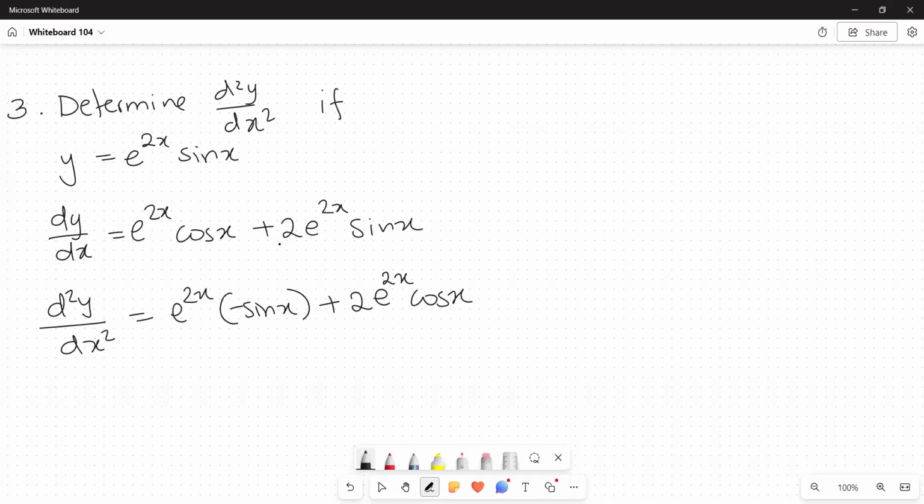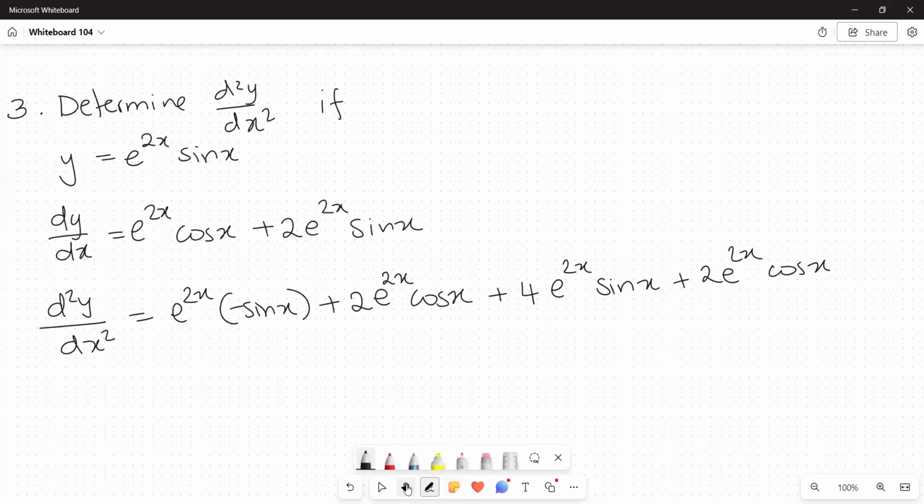Same thing over here. The derivative of 2e to the power of 2x sine x. This is 4e to the power of 2x sine x. And then we have 2e to the power of 2x. The derivative of sine x is cos x.